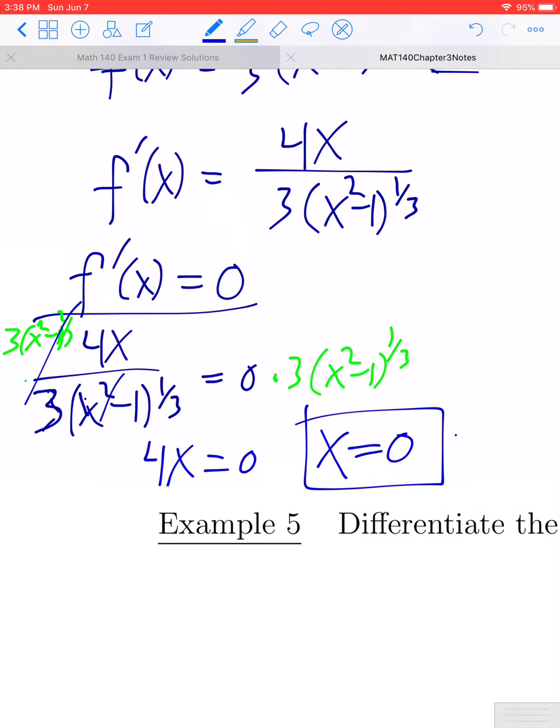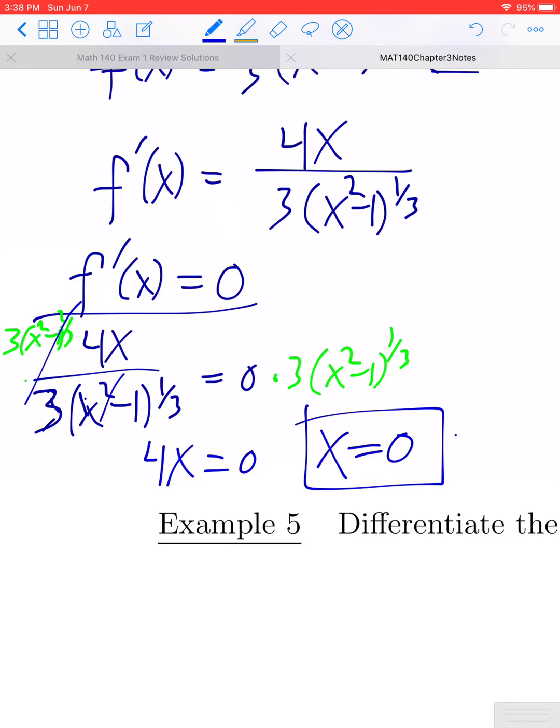So this is a place where the derivative would be equal to 0. Coincidentally, if we look at the graph of this function, it would be the place where you would have a horizontal tangent line. Because remember, if the slope is equal to 0 at the point, then that means that it has a tangent line with a slope of 0, which means that the tangent line is horizontal.